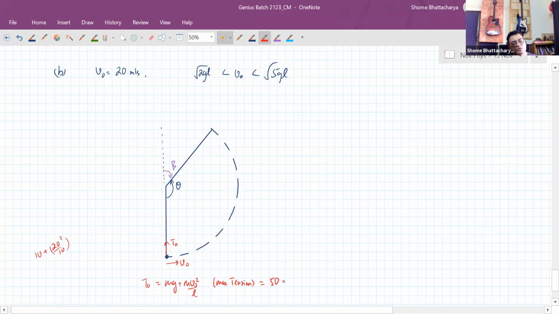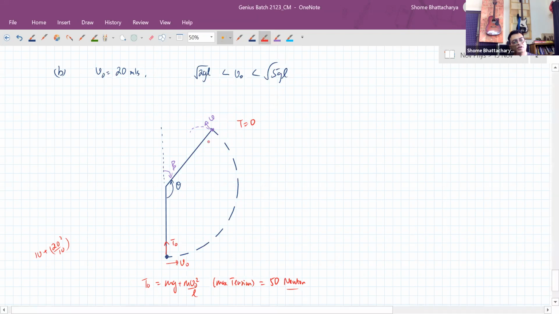So 50 newtons will be the maximum tension, which will be at the lowest position. Now at this position here, we are assuming tension is becoming zero. So the particle still has a momentum, but it loses the circular path, and from there onwards it goes into a projectile path.